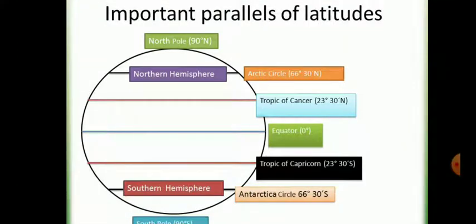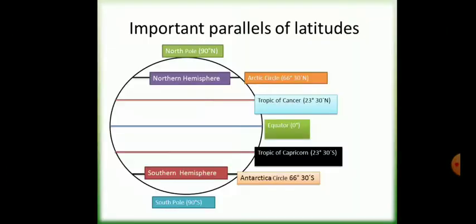Whereas in the north there is the Tropic of Cancer, which is at 23 degrees 30 minutes north. When we go to the south, we will find the Tropic of Capricorn, that is 23 degrees 30 minutes south.